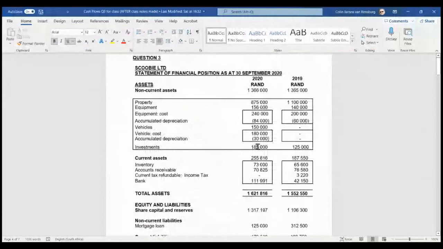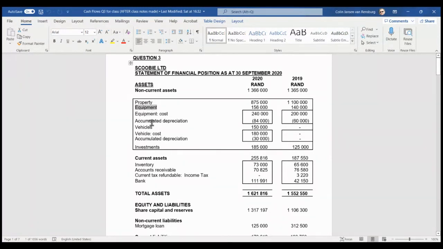You all know that this question is available as part of the question bank, and I've also uploaded this version, the one that we are working on, to the folder under topic 7, statement of cash flows. Right, so there we can see we've got property, ladies and gents. We've got property, we've got equipment, so that's all part of property, plant and equipment, or PPE.